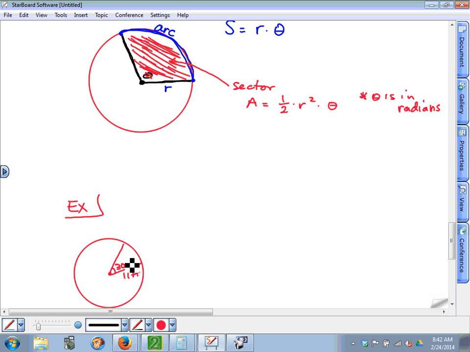The angle is 30 degrees. On the arc length for part A, go ahead and give it a try.